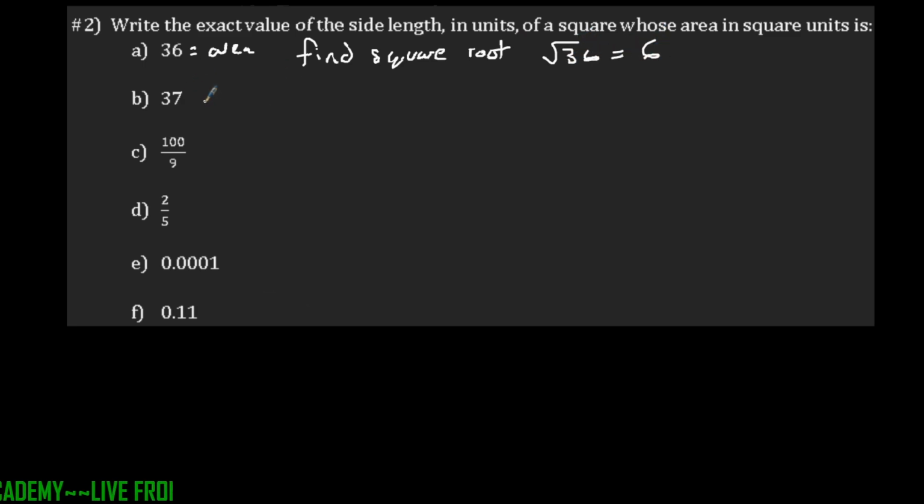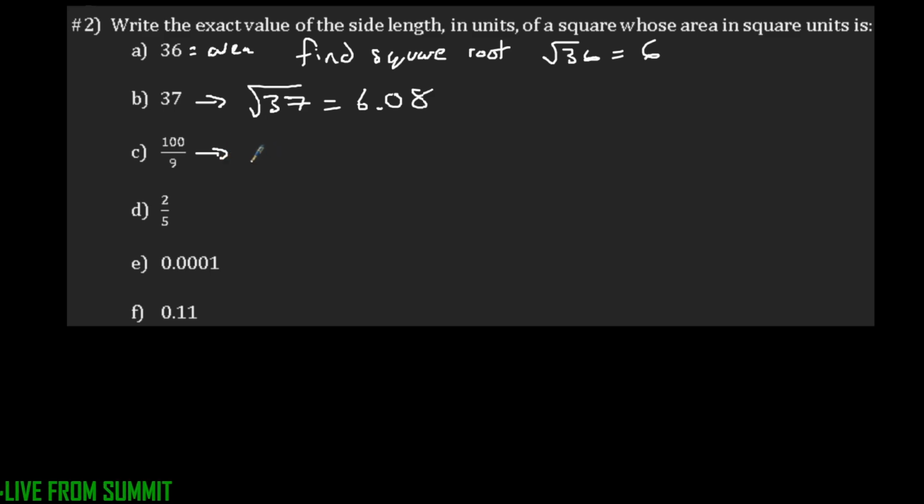You can then find square root of 37, whatever that is equal to. It should be 6 point something. Let me do square root of 37 real quick. That's going to be equal to 6.08.